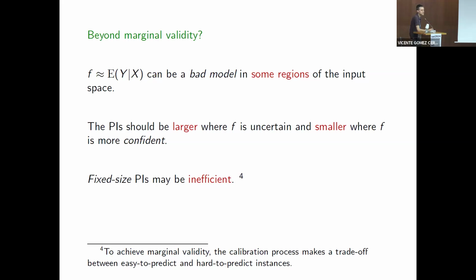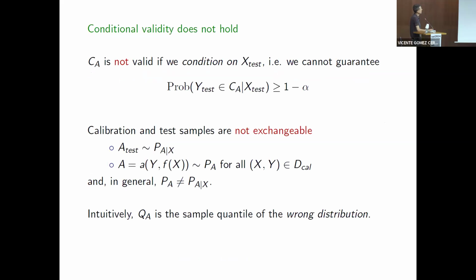The concept of inefficiency is a bit fuzzy. Let's say, keep in mind that it can be just the average size of the prediction intervals. But what happens if instead we focus on a single point, or a single region of the input space? Well, with the way we built this Q-hat, the validity bound doesn't hold. Why?